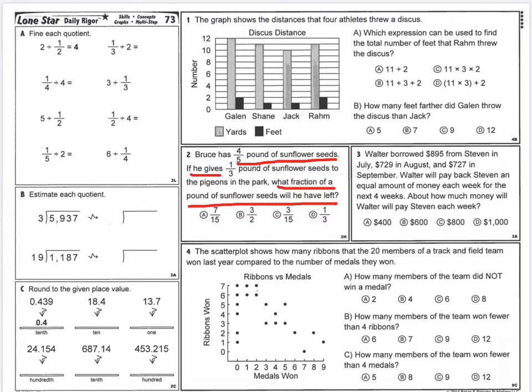He gives 1/3 of a pound to the pigeons. So if we have 4/5 and we give 1/3, we have to think, are we adding or subtracting? So if you have 4/5 and you give something away, you're subtracting, right?